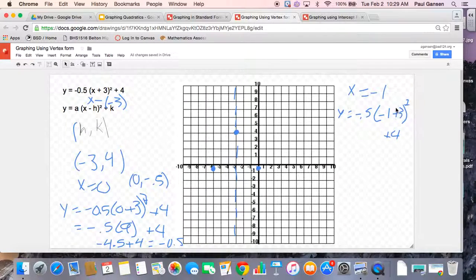Negative 1 plus 3 is 2. 2 squared is 4. So y equals negative 0.5 times 4 plus 4. Negative 0.5 times 4 is negative 2, plus 4. And negative 2 plus 4 is 2. So when negative 1 goes in, 2 comes out of our function. (Negative 1, 2). That's much more reasonable.